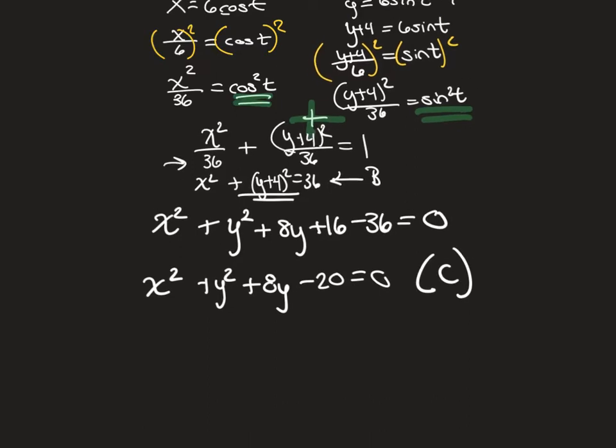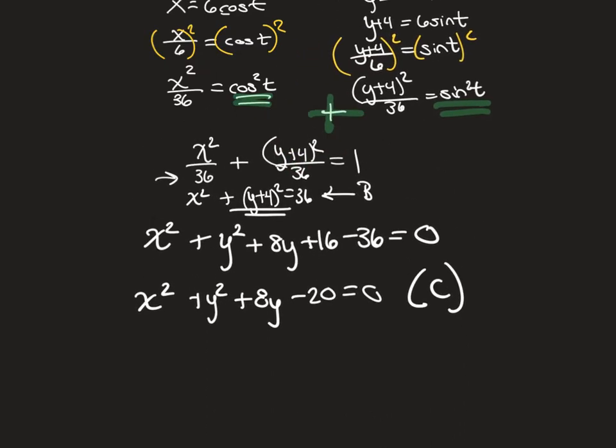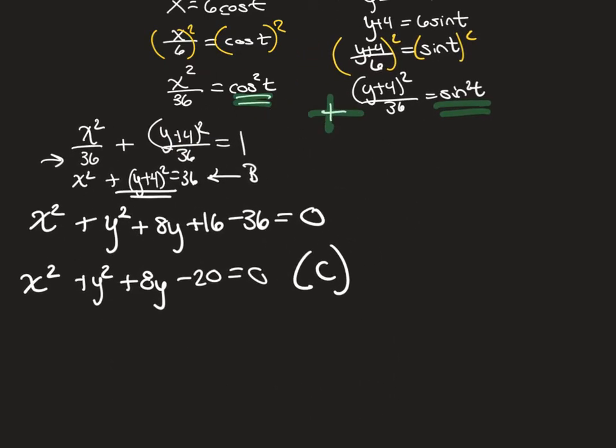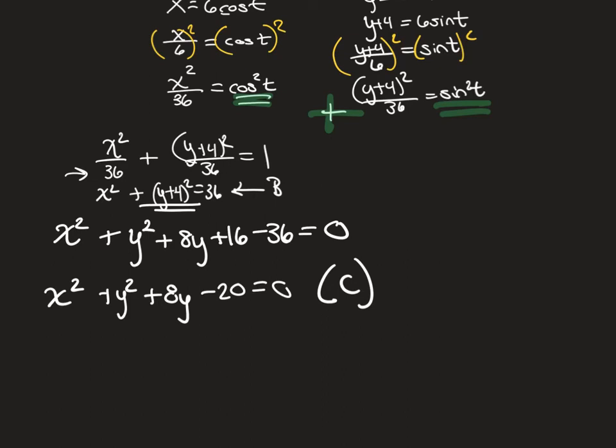And then line D says it wants us to draw a graph. So I'm just going to sketch a graph to the best of my ability. On this one, I'm using this right here. My center was 0, -4. And my radius is 6 because the square root of 36 is 6.